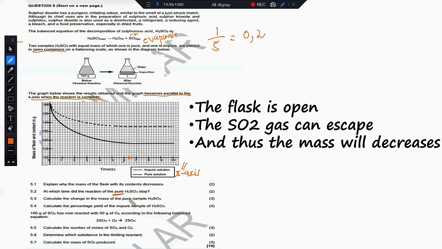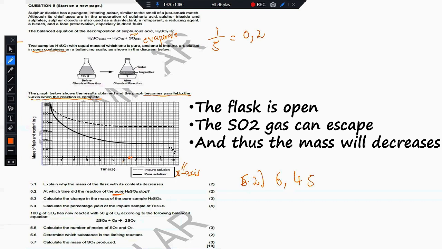So between 6.4 and 6.6, when I look at your memo, it says 6.4, 6.6, it awards a mark there. So for 5.2, we're going to say the reaction stops at 6.4 seconds, right? Now, do not be fooled by this. The fact that the reaction goes all the way up until 10 seconds doesn't mean that the reaction stops at 10 seconds.